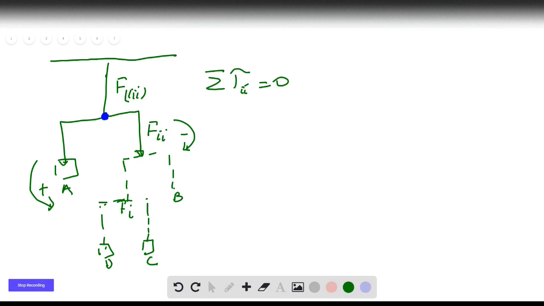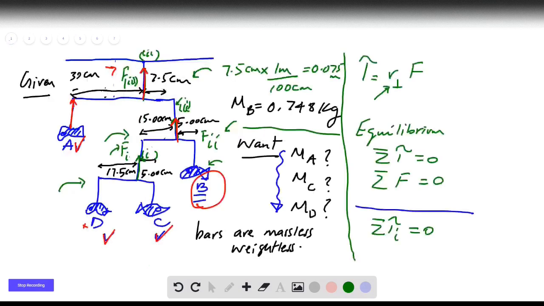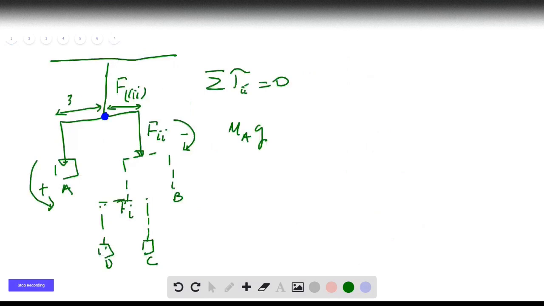So MAG times these two distances. If you go back, you see we have 30 centimeters and 7.5 centimeters. So this is 30 centimeters and this one is 7.5 centimeters. We're going to use that.